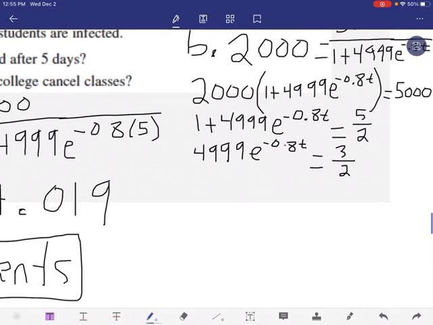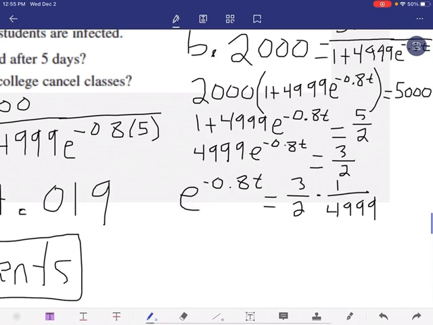So then we would want to divide both sides by 4,999. But remember that dividing by something is the same thing as multiplying by the reciprocal. So we would be multiplying by 1 divided by 4,999.